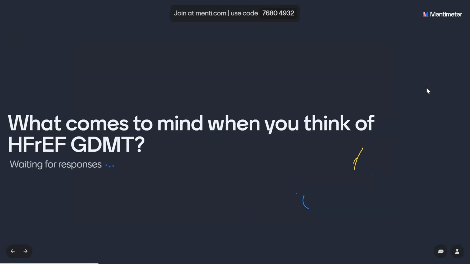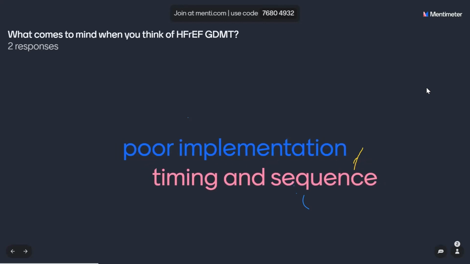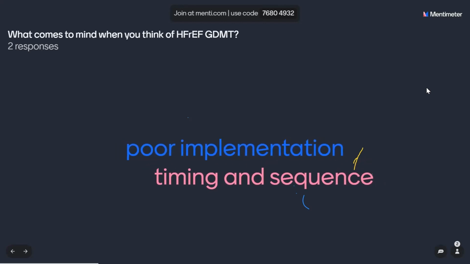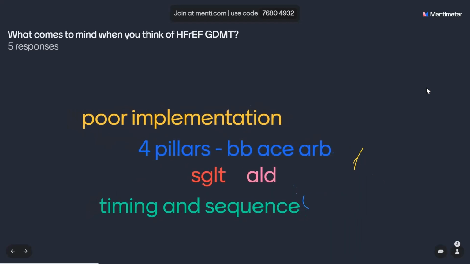This could be, it's easy, it's boring, there's poor implementation, perfect. It's very confusing. I do it every day. Any other thoughts out there from the group? Timing and sequence. Okay, good. 4 pillars.